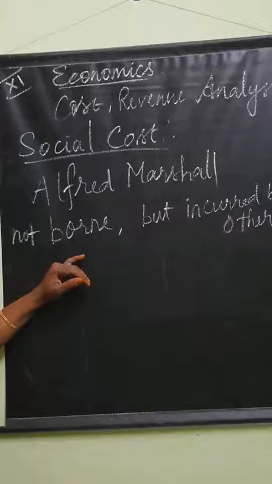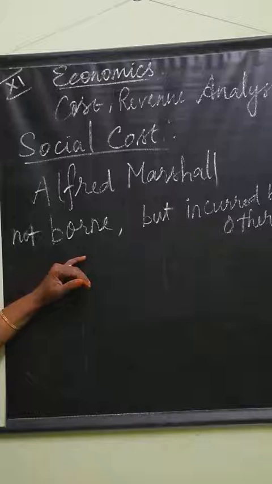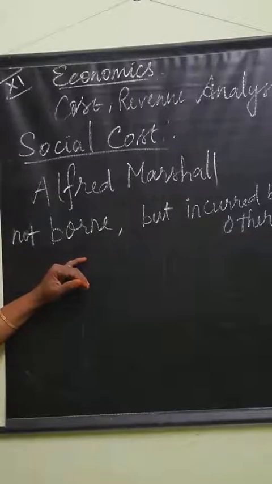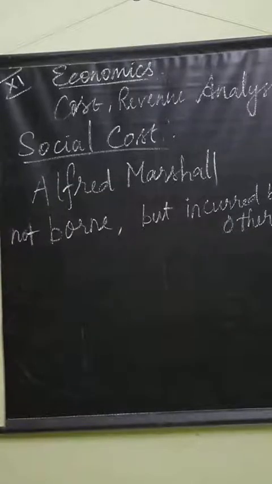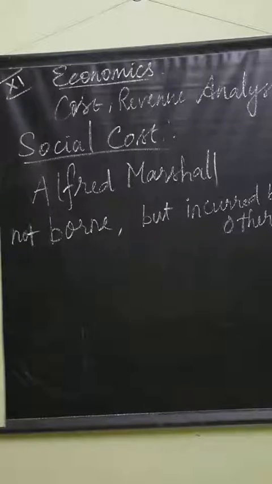They are doing business by letting out the harmful things. Some impacts are happened in the society that is incurred by the people of the society. That is called a social cost. Do you understand, girls? So the damages of an area is cost of the society. So these costs are called social cost.